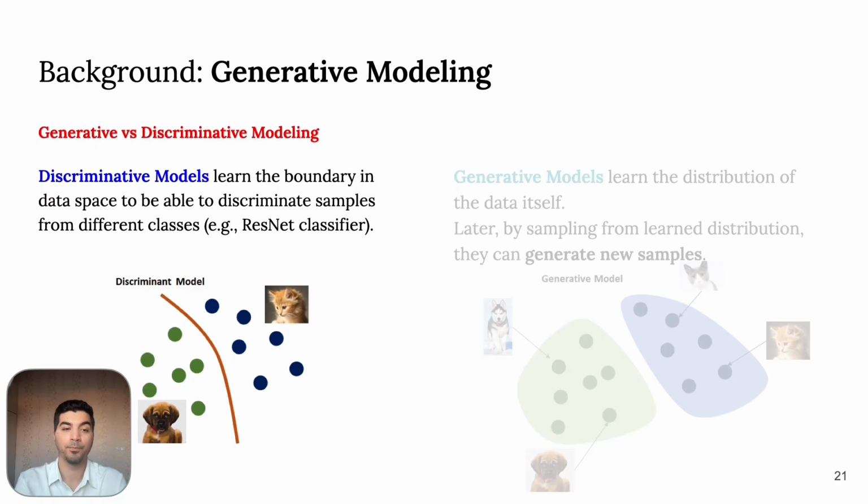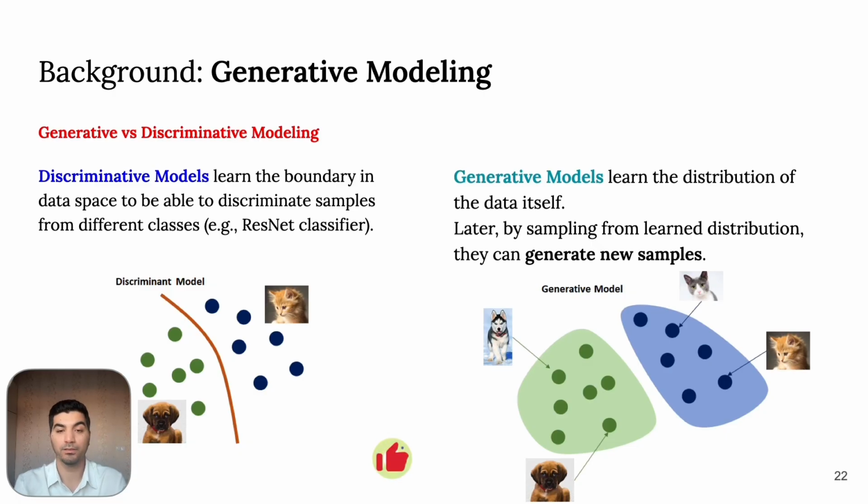For example, if we have two classes of cats and dogs, the discriminative model is just interested in learning this boundary. After learning this boundary, for an unseen sample, it's either mapped over here, which is classified as cat, or mapped over here, which is classified as dog.